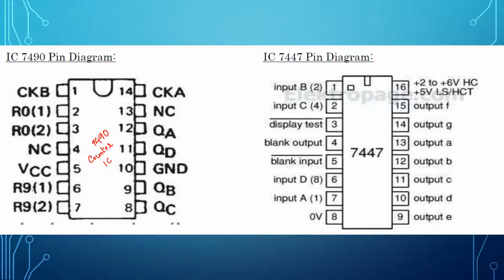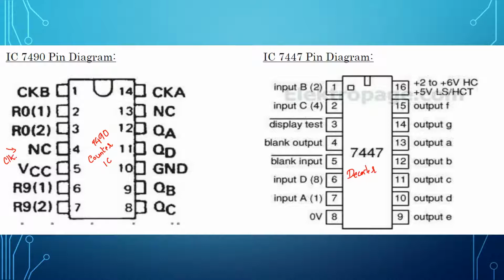The pin diagram of each and every IC is different from the other one. 7447 IC, you can call it a decoder IC. What I'm doing here is giving the clock input to the 7490 IC.